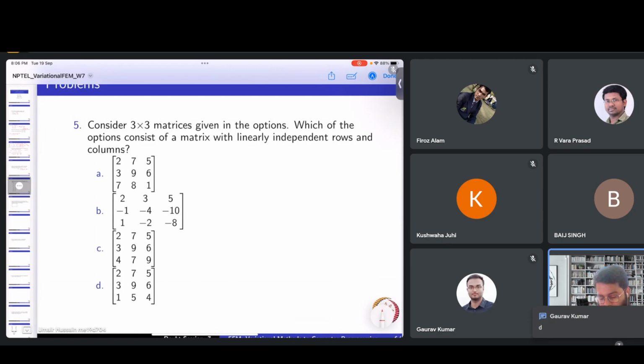I think I have added rather complicated matrices here. First option. Okay.